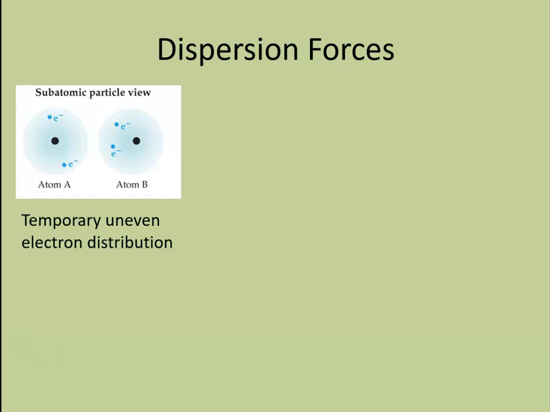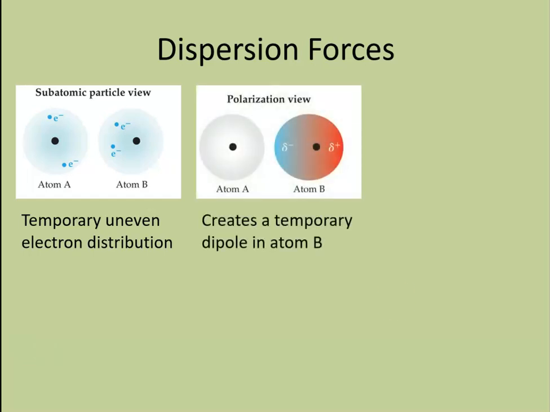Okay. What that does is creates a temporary dipole in the atom, so that while this atom has no temporary dipole, the one in which the electrons are not equally distributed has a temporary dipole. And so there's a partially negative side over here where the two electrons are. There's a partially positive side over here where there are no electrons.